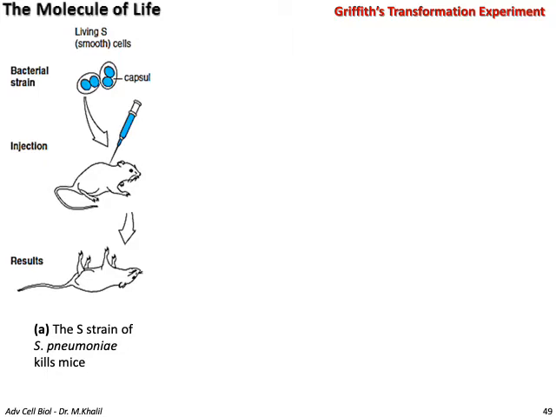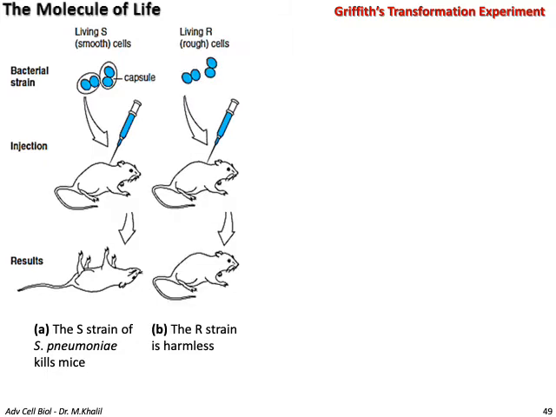The first indication that there is a molecule of life, or DNA, came from Griffith's transformation experiment. In the first setup, Griffith used an S strain of pneumonia and injected the mice. This led to the killing of the mice. When he injected another, rough strain, the R strain, which is harmless, the mice didn't die.